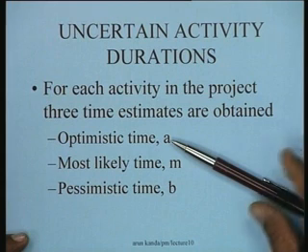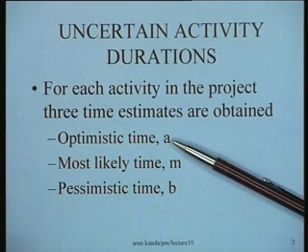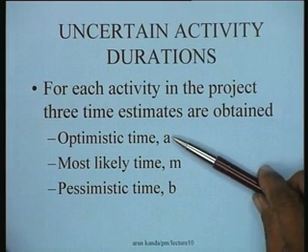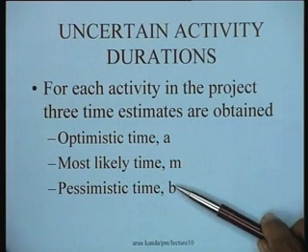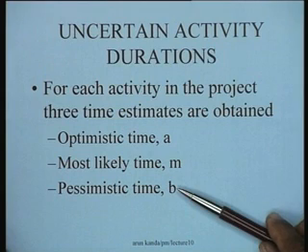Now, the optimistic time is that time which is probably the shortest possible time in which that particular activity can be accomplished, and it would therefore be a situation where everything goes favorably and you can perform the activity in the minimum possible time. Then we can at the other extreme talk about a pessimistic time, B.